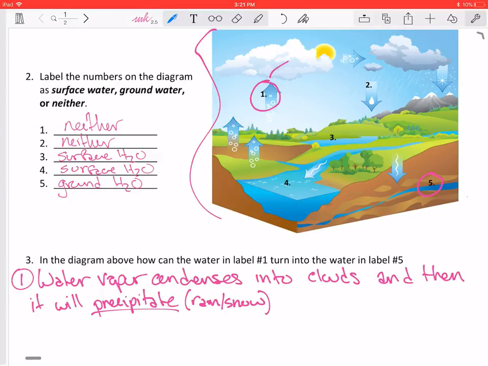Leading to, so right now we've gone from 1, we've got clouds, we're going down through 2. Once that hits the ground, once again this rain hits the ground, it becomes groundwater. It's going to become runoff.